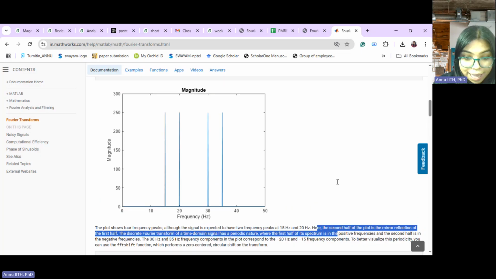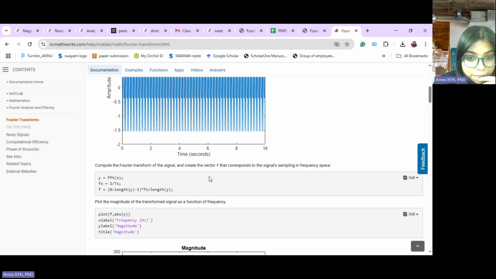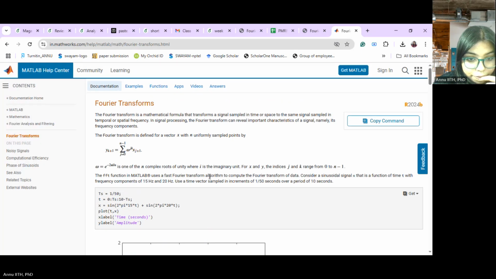So suppose you have 15 and you have 30. What should be the mirror plot of 15? We have 15 and 20.